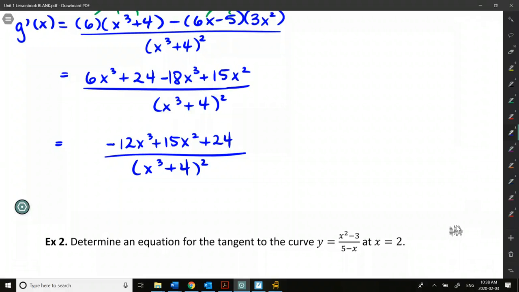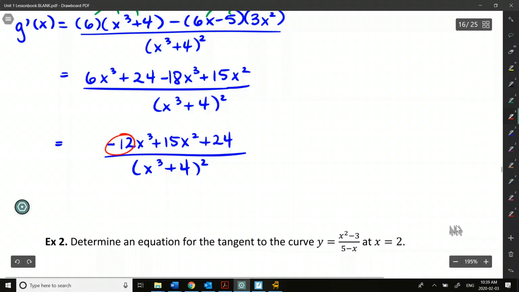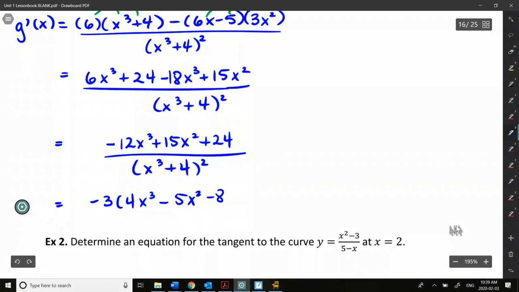And if possible, you will factor or common factor. I'm seeing a common 3 in all of these values on the top, and the first term happens to be negative, so I'm just going to remove a common negative 3 from each of those terms. And that will be fully simplified.